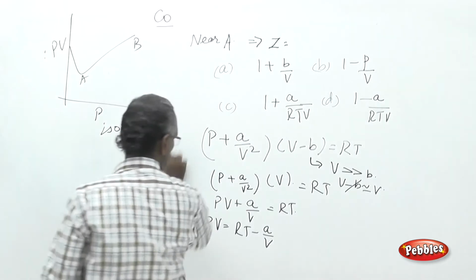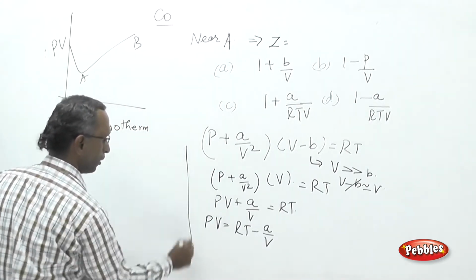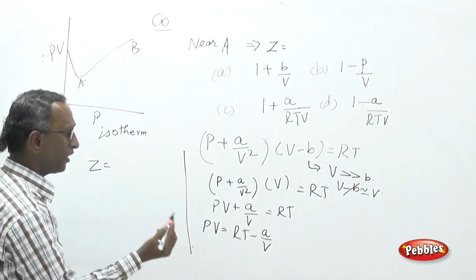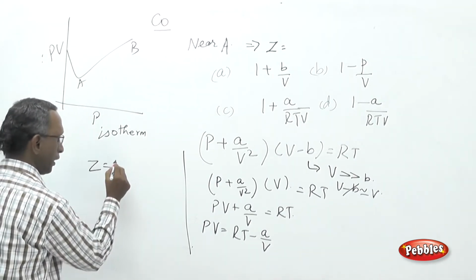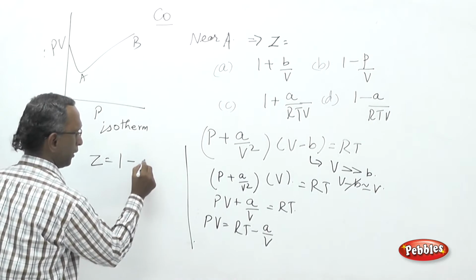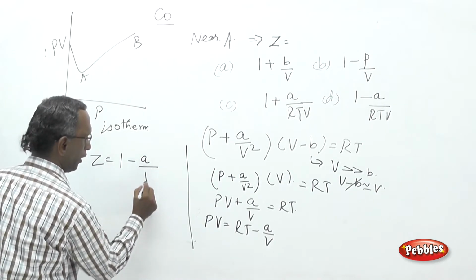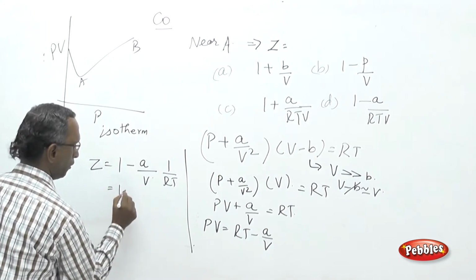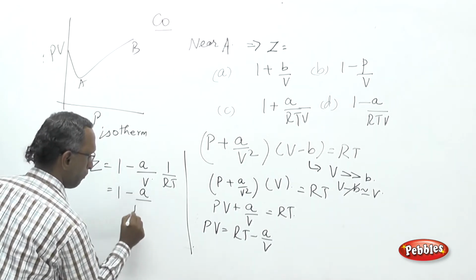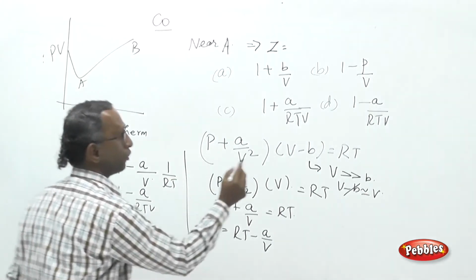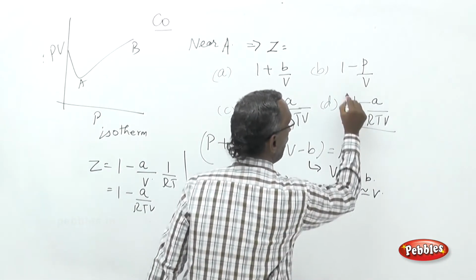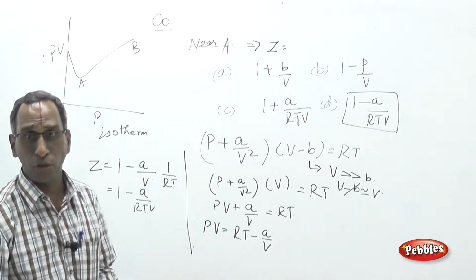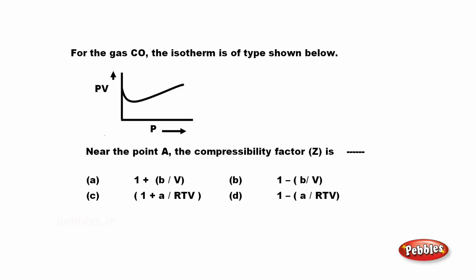PV by RT is nothing but Z, the compressibility factor by definition. So Z equals 1 minus a by V into 1 by RT, or in other words 1 minus a by RTV. So 1 minus a by RTV is given as the last choice. So for this question, the last choice is the correct answer.